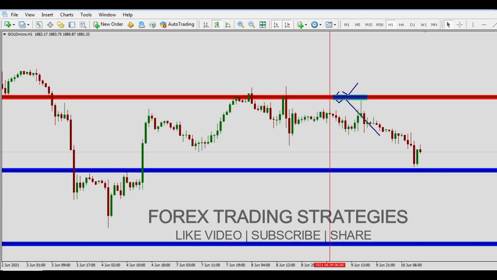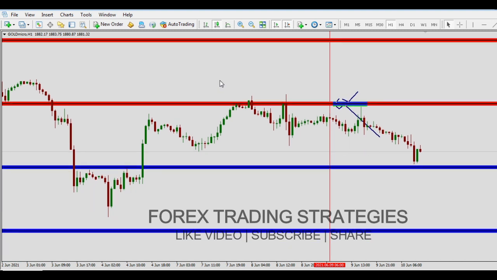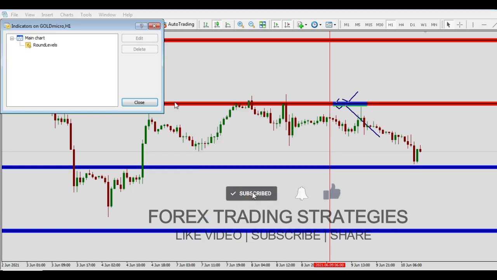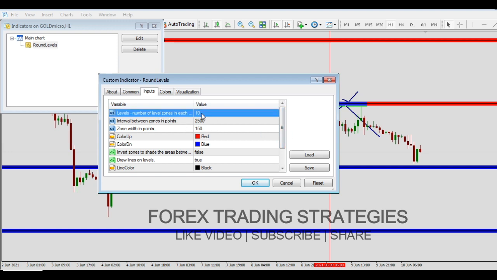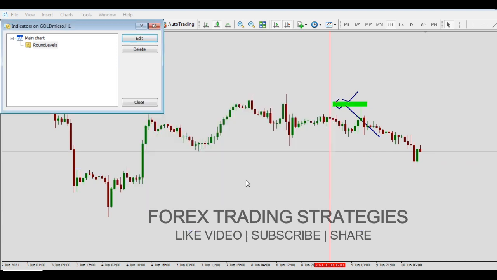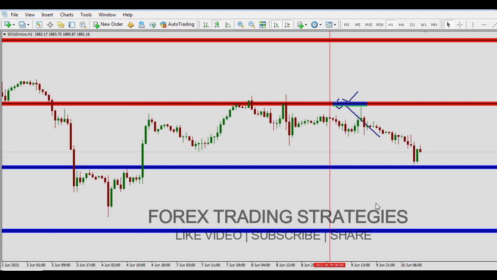So basically that's how I use this thing, and you can determine the number of lines that you want, where number of level zones in each direction. Let's say 2. Let's just make it 2 so that you see what I'm talking about.